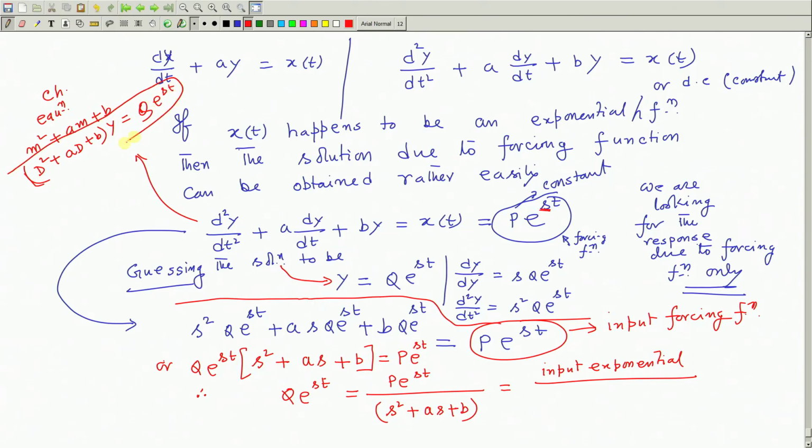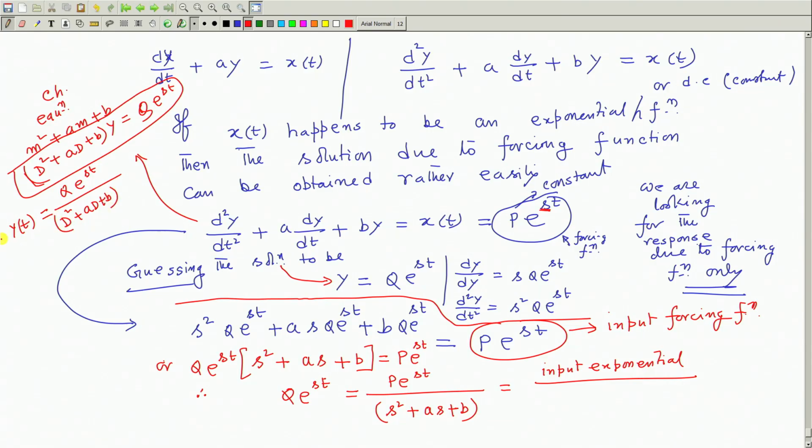This differential equation in short can be written like this: D square, D is the operator, plus a D plus b into y. So, it looks like the solution y(t) due to forcing function will be q e to the power s t divided by D square plus a D plus b, as if some algebraic thing.